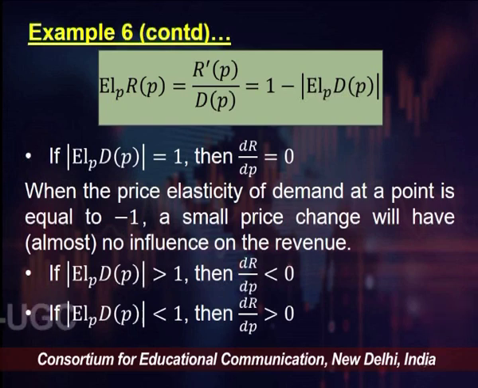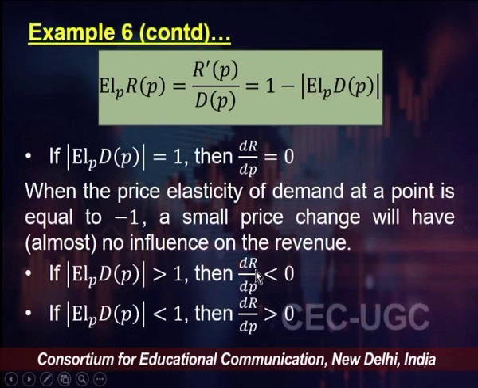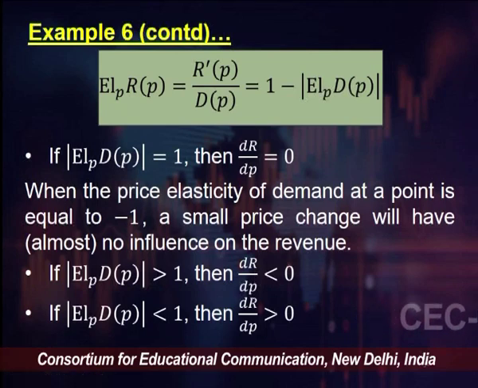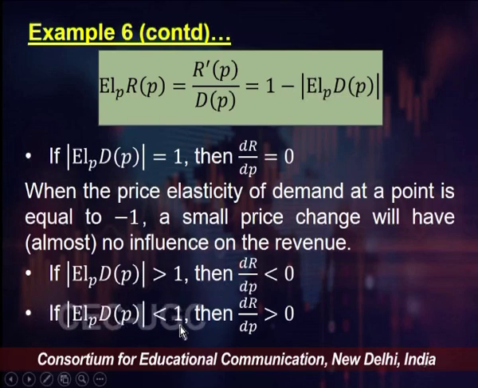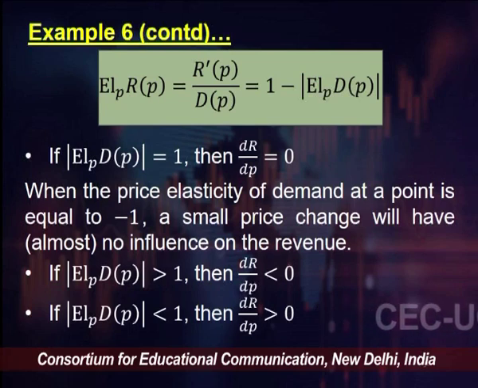If demand is elastic, demand is going to be very sensitive to change in price, so if price increases, that is going to lead to a decrease in revenue for the producer. Similarly, if demand is inelastic, which is to say that the price elasticity of demand is strictly less than 1 in absolute terms, then dr by dp is strictly greater than 0, it is positive, which is to say that when price increases, that is also going to cause the total revenue to increase. And this is a very important set of results that we have here.